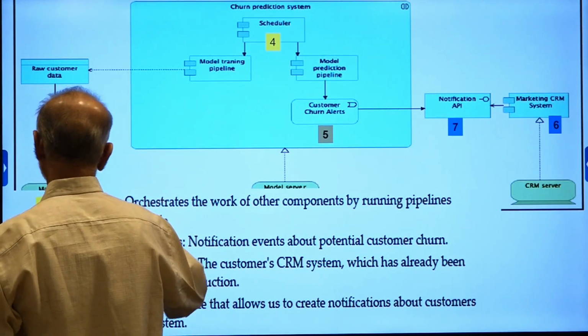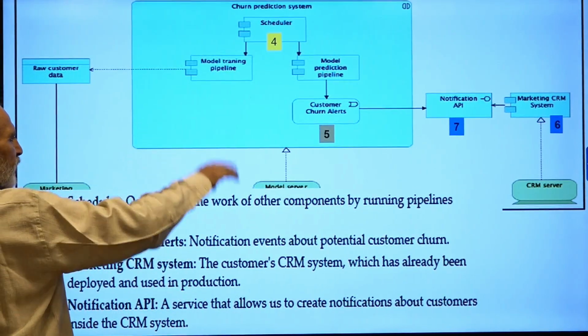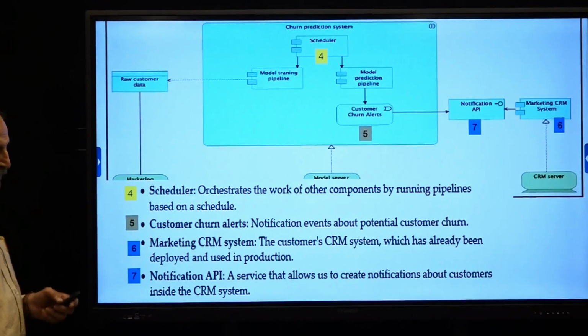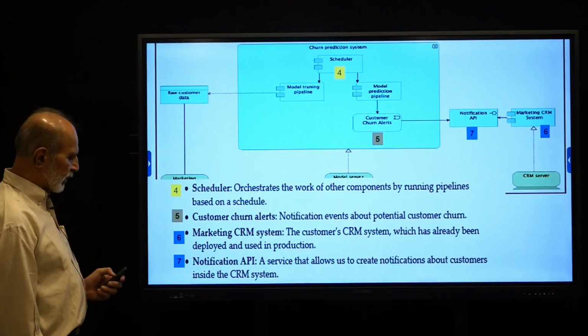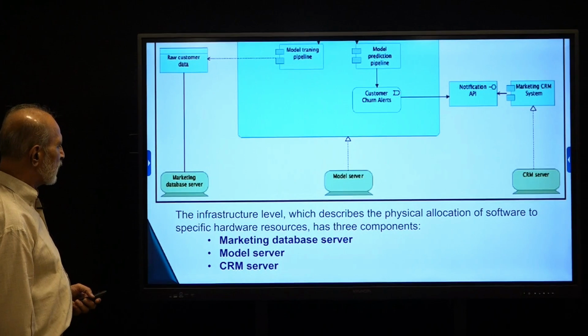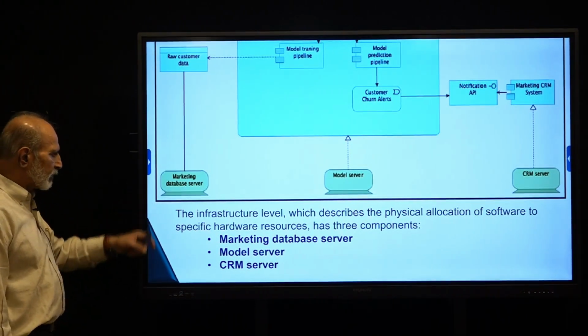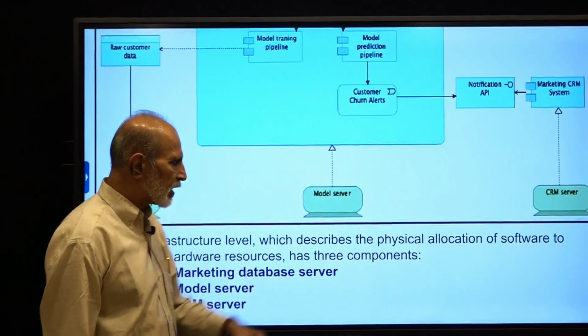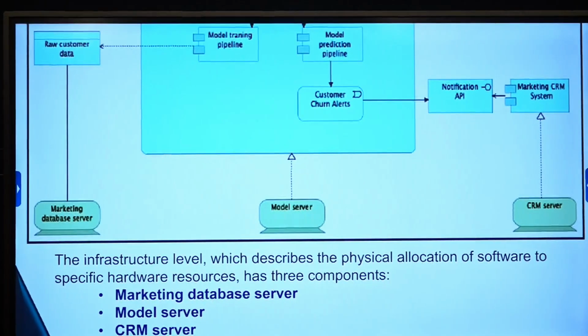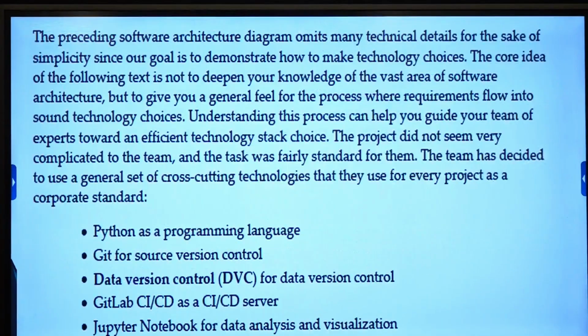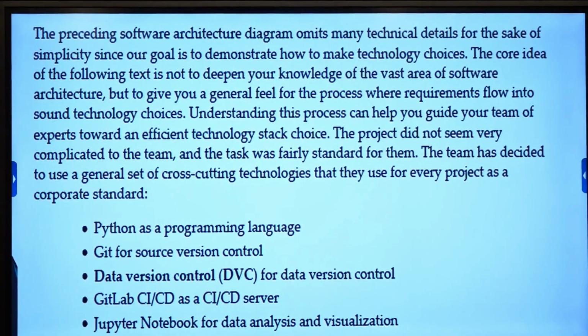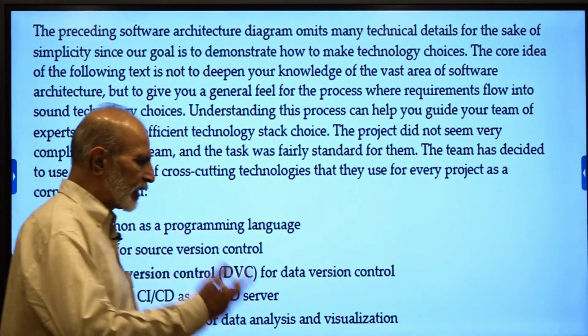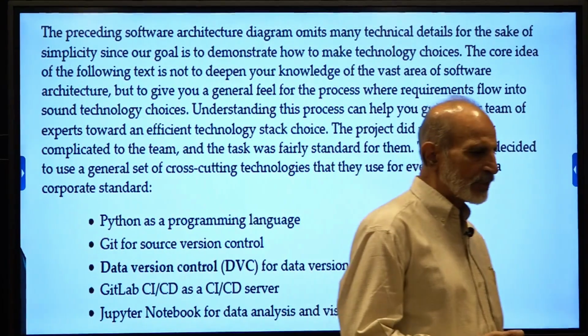So, now you can see that I have various different components to be integrated together, so I need a stack to be available. I have 3 servers: the marketing database server, the model server, and the CRM server. With this in mind, we can integrate all the technologies together as a stack.